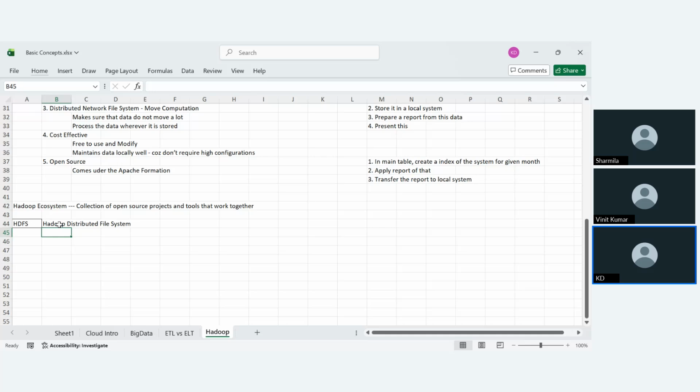In that C drive and D drive, what file system is usually followed? Have you ever installed Windows on your system?